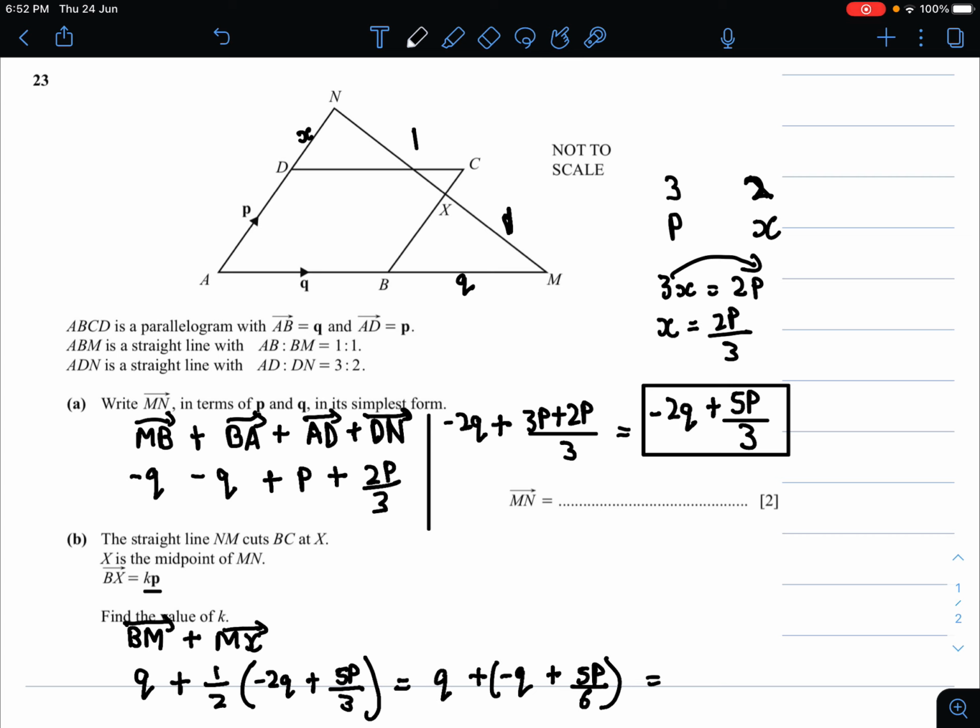So q minus q will be 0q, and therefore we will be left with 5p by 6, and therefore our k value being 5 by 6. Therefore this is your final answer for question 23.